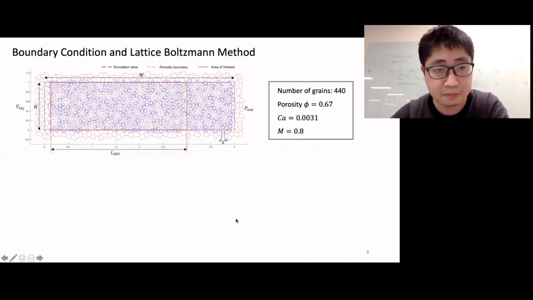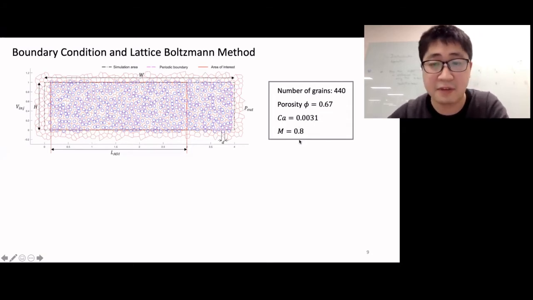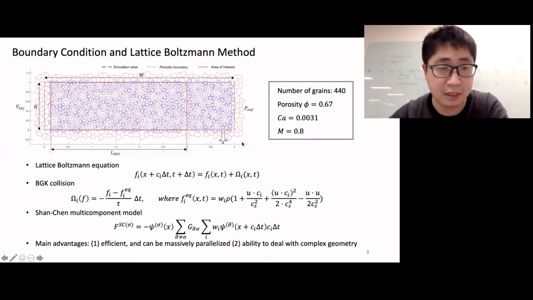So for the simulation, we have a constant velocity being injected from the left, the invading phase. And we have a porosity of 0.67 with a capillary number of 0.0031, and the viscosity ratio is 0.8. The simulation method we used is the lattice-Boltzmann method. Here I present briefly the collision scheme and also the multi-component method we have used.